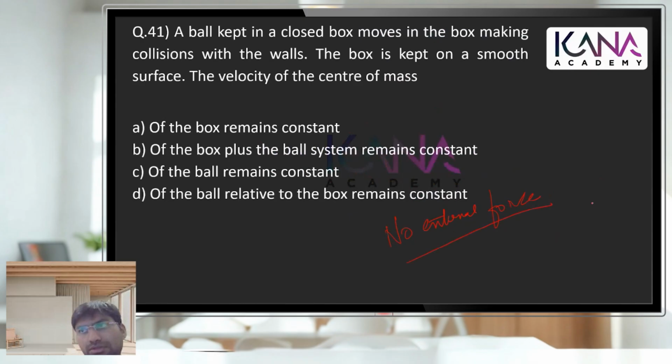On box plus ball, the entire system, there are no external forces. This means velocity of the center of mass is constant. So it will be this one. This concept is repeated again in this series.